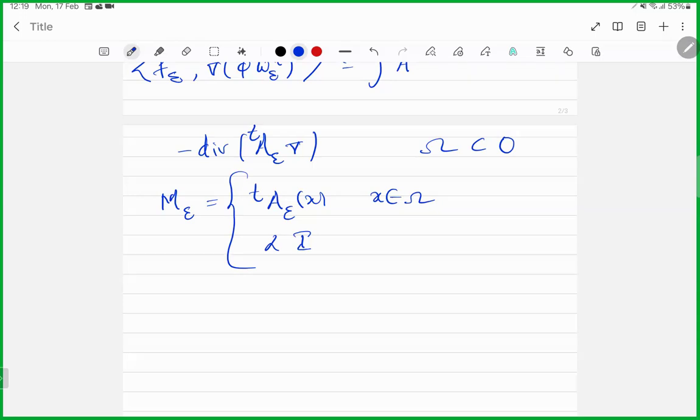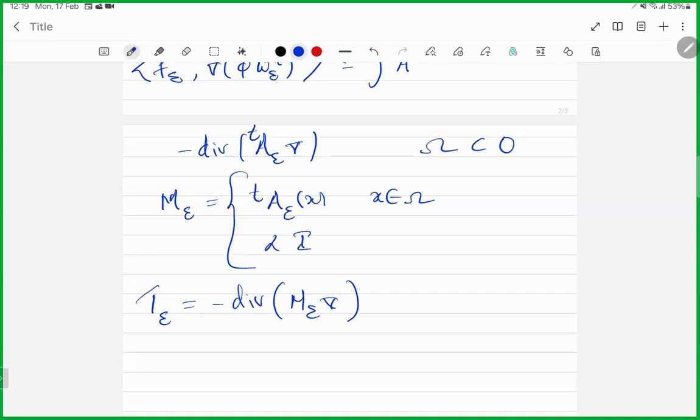And now you look at this operator, T epsilon, minus divergence M epsilon grad.